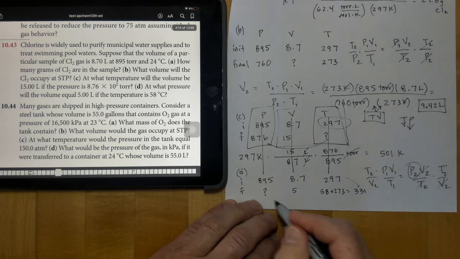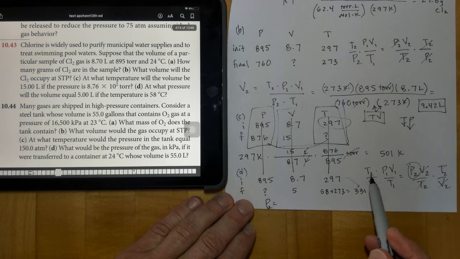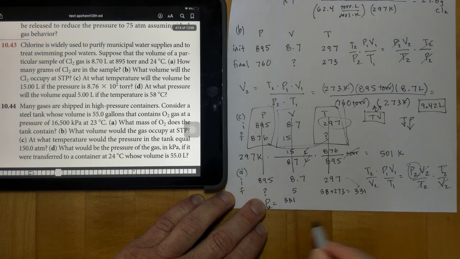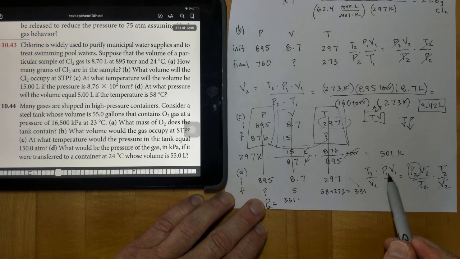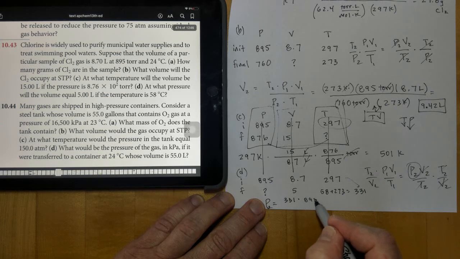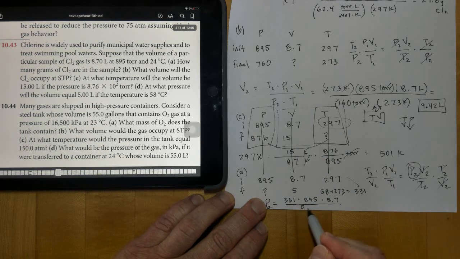And now my pressure 2, my final pressure, would be equal to T2, which is right here, 331, times my pressure 1, which is 895, times my volume 1, which is 8.7, and then divide that by my V2, my final volume, which is 5 liters, times T1, which is 297.